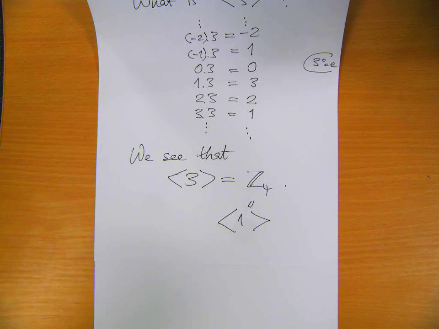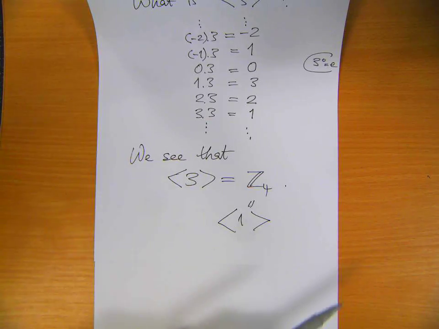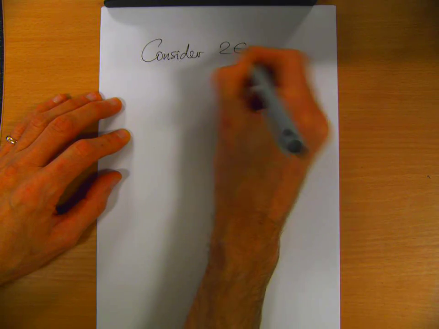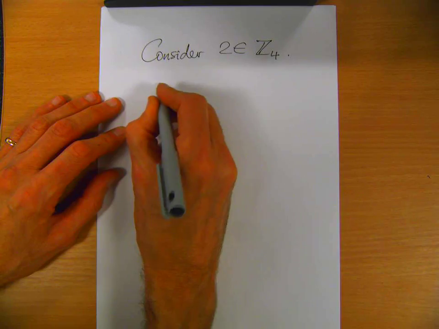The subgroups we've got so far are interesting in one way, but in another way they're not, because we've got the trivial subgroup and then we've got the whole thing at the other end. But there's an element of Z4 that we haven't looked at yet, which is 2. Well, let's do this a bit more quickly.